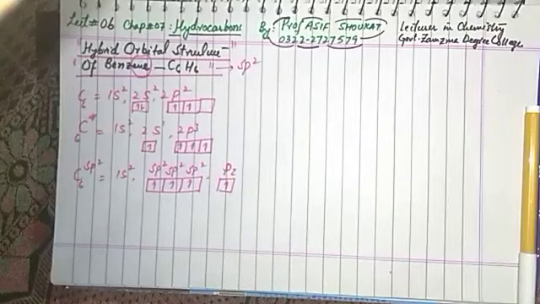I have explained in my previous lecture, while we were studying the hybrid orbital structure of ethene, how sp2 hybridization takes place. I have drawn it once again here just for your convenience, but I'm not going to explain how it is made.